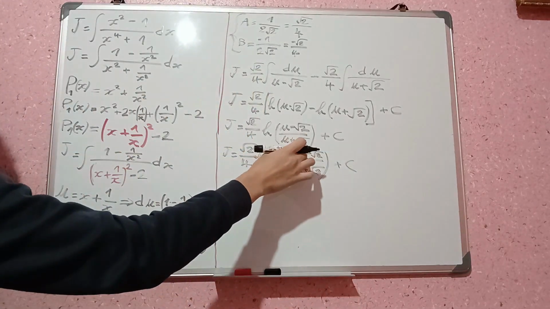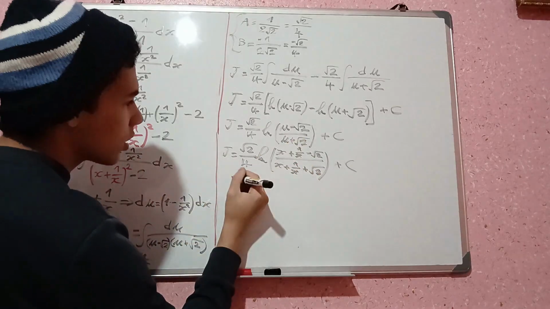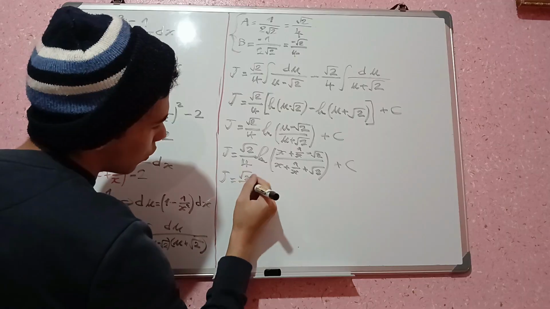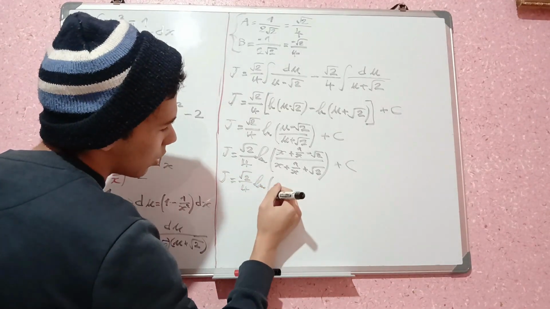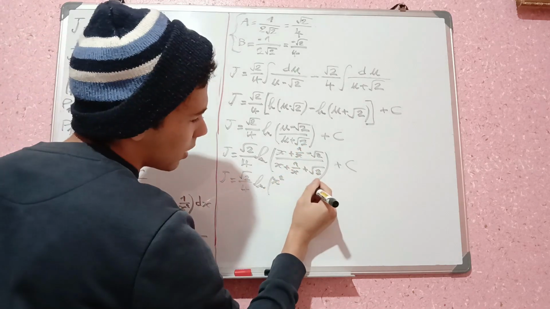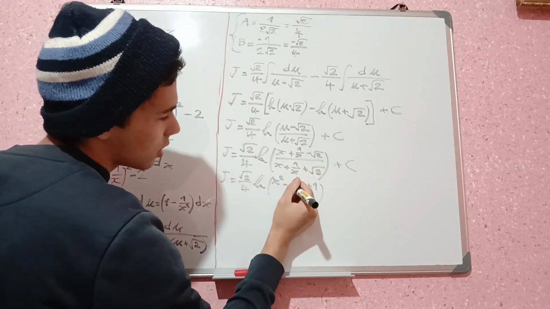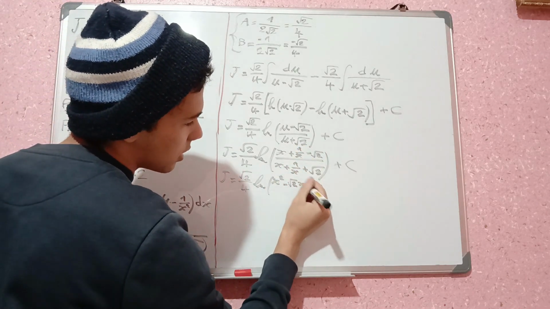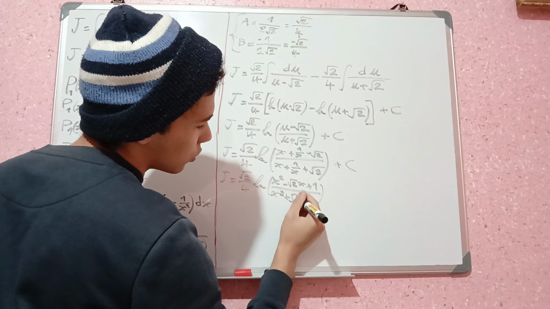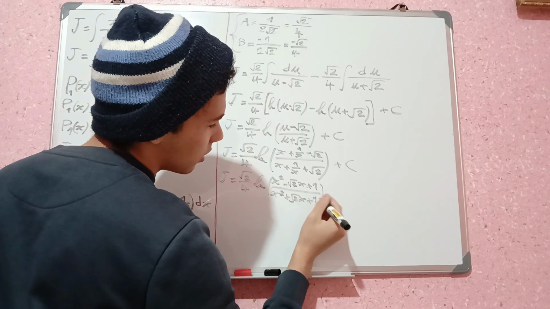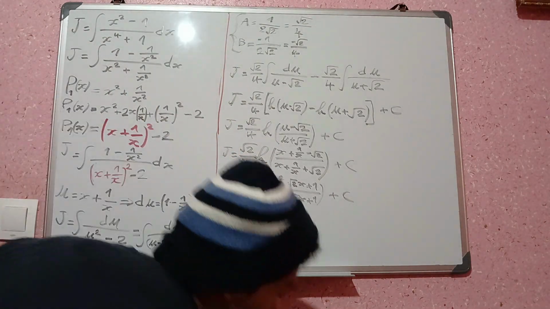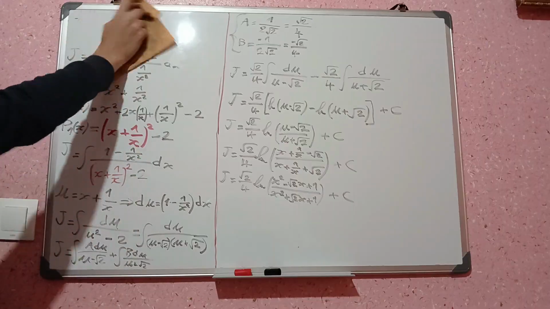Let's multiply the numerator and denominator by x. So we get g equals square root of 2 over 4 natural log of (x squared plus 1 minus square root of 2 x) over (x squared plus square root of 2 x plus 1), plus c. This is the answer. Let's write it here because we will need it.